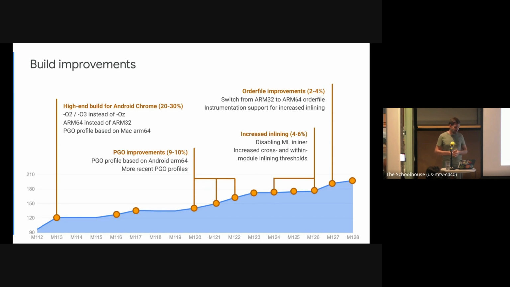So we made a build that replaces optimizing for size with optimizing for speed. We targeted ARM64 instead of ARM32, and we started using PGO profiling, which is basically an optimization where it runs Chrome with instrumentation added to it, and then tries to understand which is the hot path through all of Chrome. Let's optimize that one in particular.